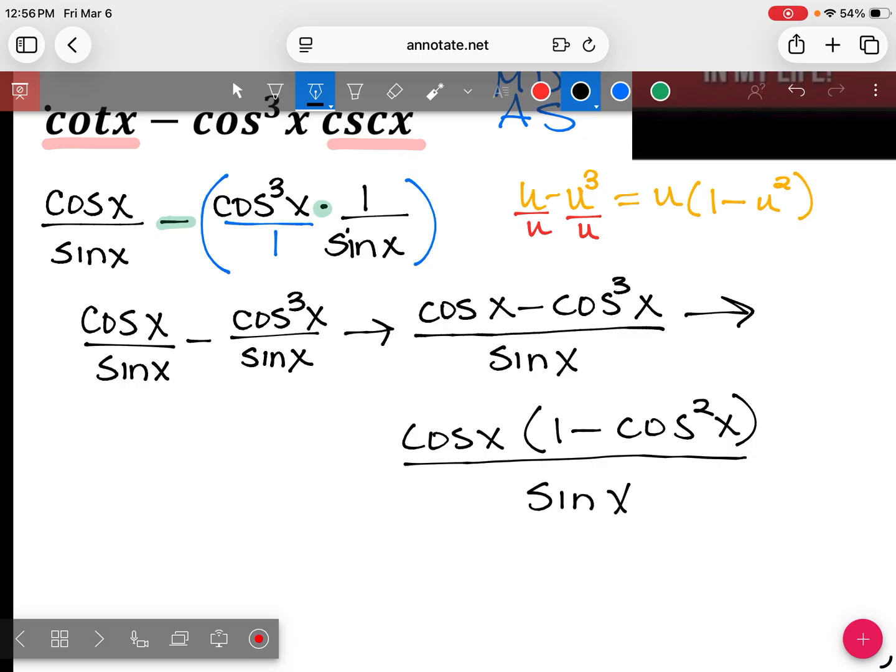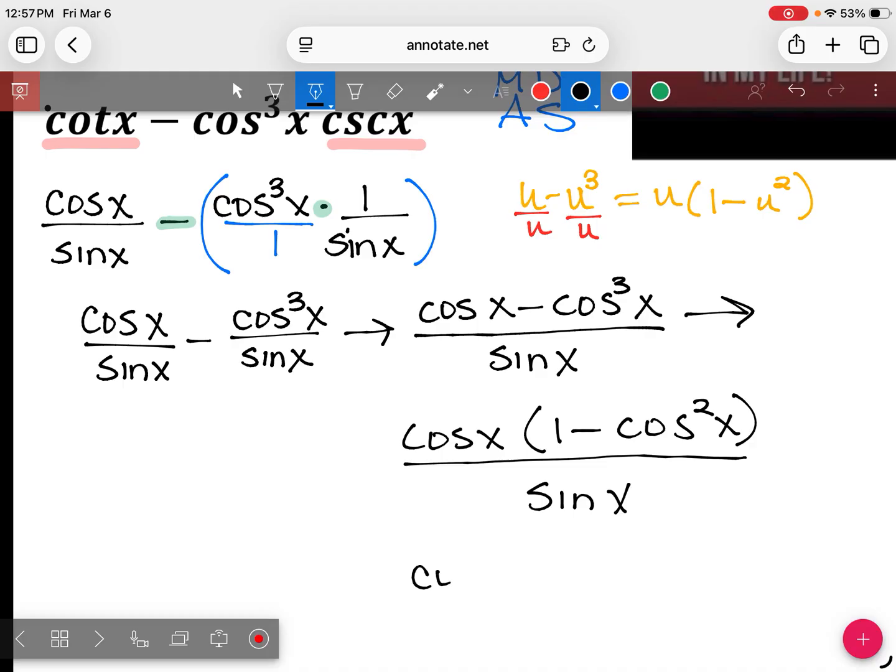There is a move. What is our next move? One of the identities. I agree. And I did write them over here also. But 1 minus cosine squared equals what? Sine squared. So let's do that.